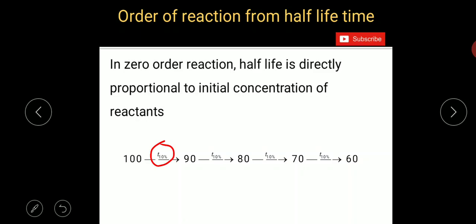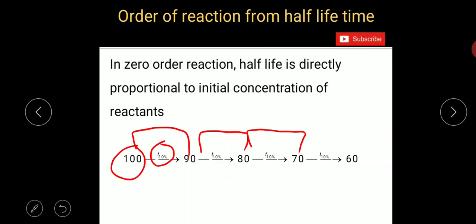Suppose the initial concentration of reactants is 100. In T 10%, the change in concentration is 10. In another T 10%, the change in concentration is also 10, from 90 to 80. In another T 10%, the concentration goes from 80 to 70, so the difference is 10, and this is 10% of the initial concentration 100.